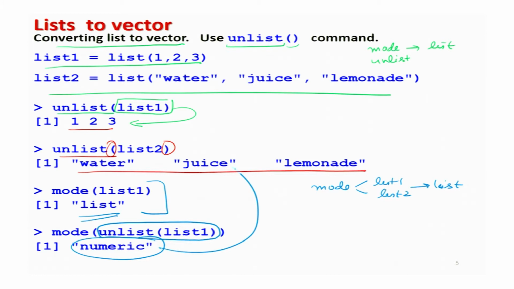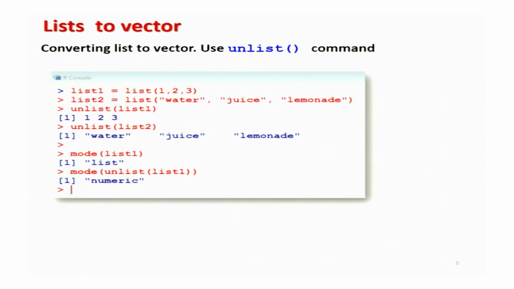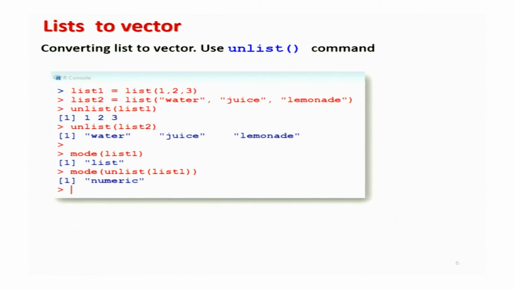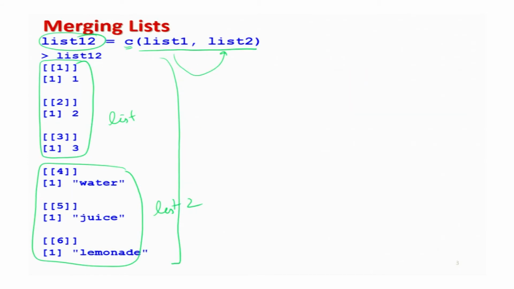So, now this is a number. That is what I wanted to show you, and this is the screenshot of the same operation. Similarly, I will show you what will happen if you unlist the list 2.